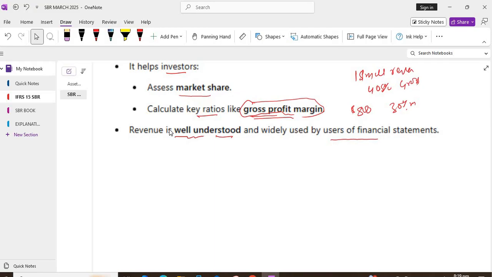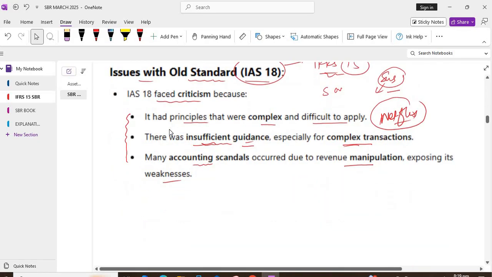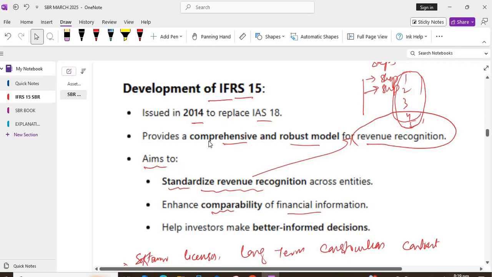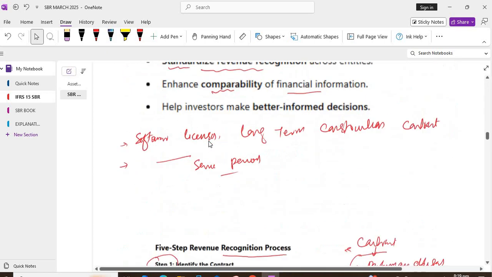Then we discussed the issues with the old standard, and the development of IFRS 15, why we need IFRS 15 instead of IAS 18.